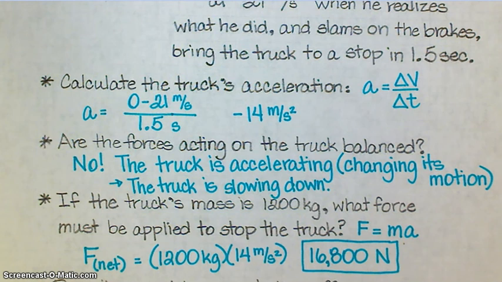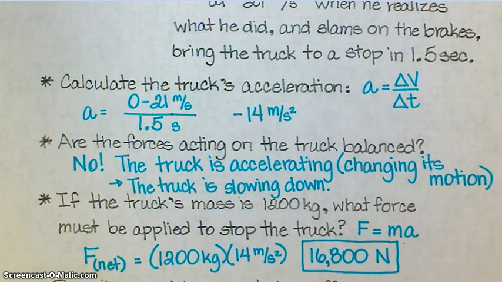So net force acting on the truck is the 1,200 kilogram mass of the truck times the truck's acceleration, 14 meters per second squared, and you're going to get 16,800 newtons of force required to stop that truck.